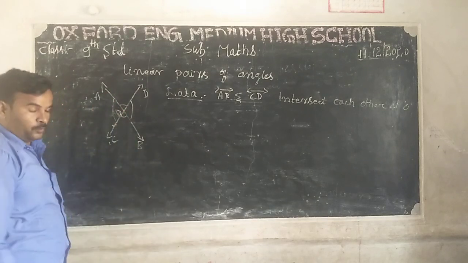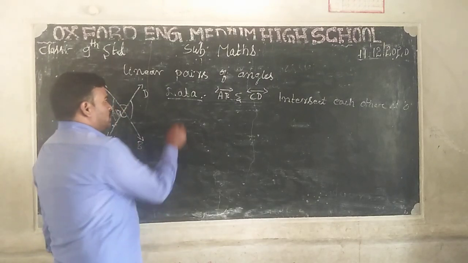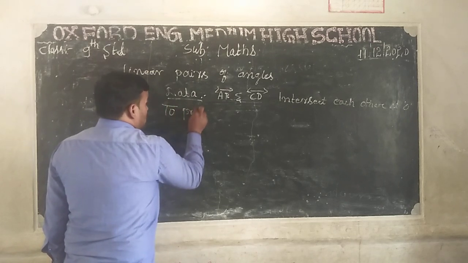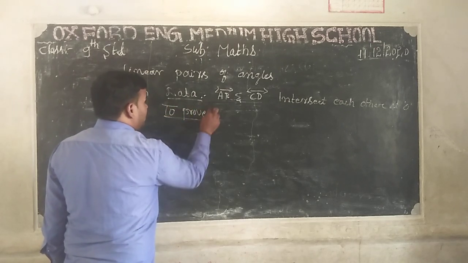Four angles are formed. Next, we have to prove that vertically opposite angles are equal.